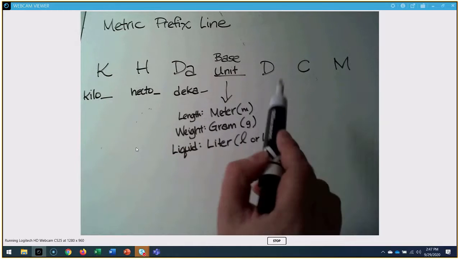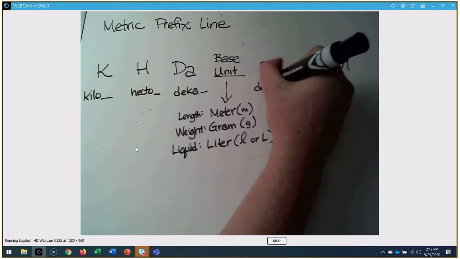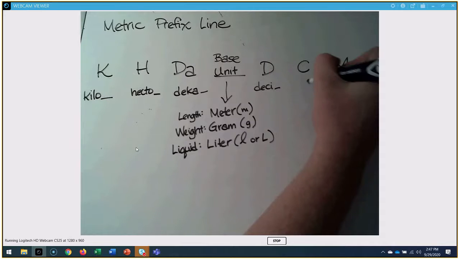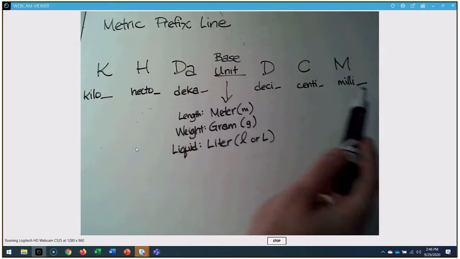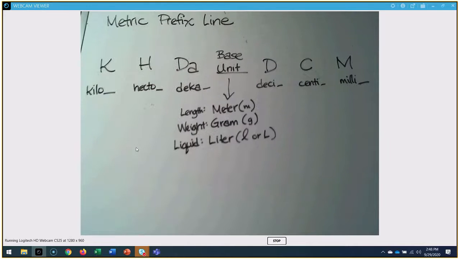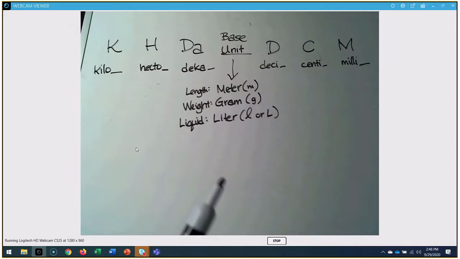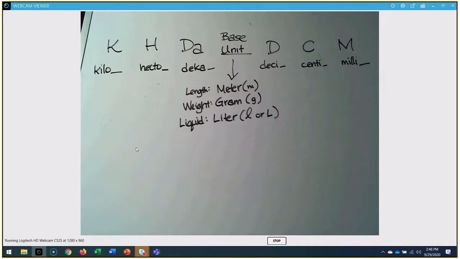So let me get back to this. D is a prefix deci, C is centi, and M is milli. Okay, these over here on the right are very, very small. These over here on the left are very large. Okay, let's do an example so I can show you how this all gets used.